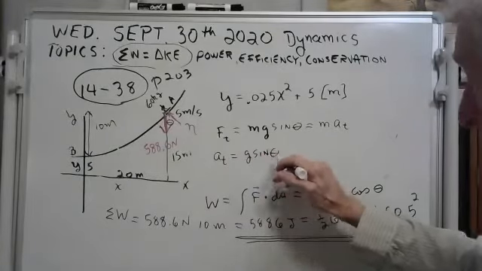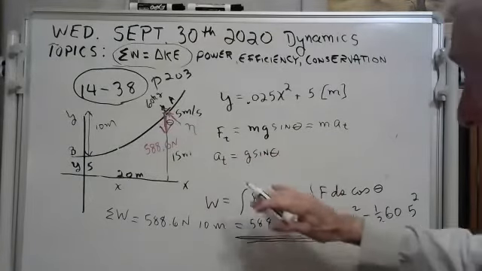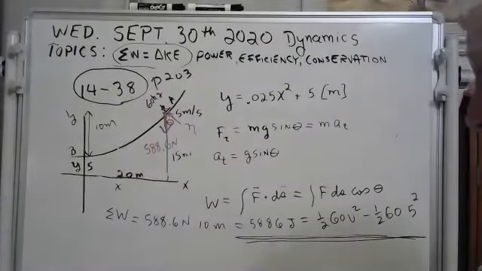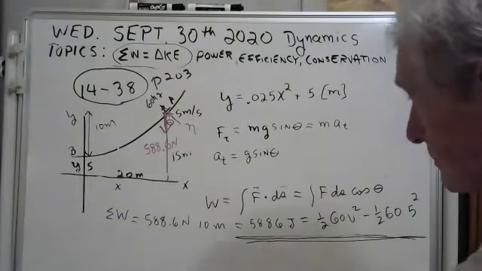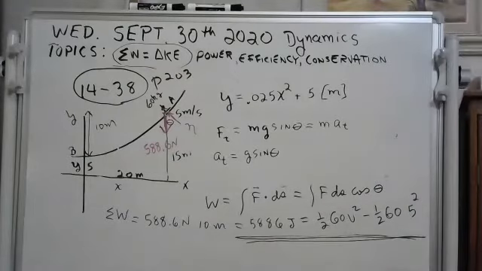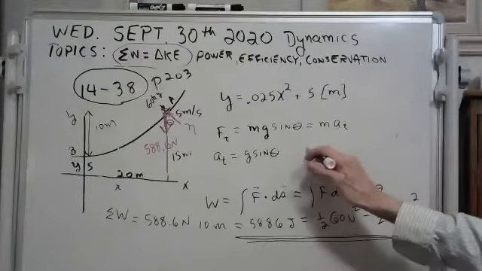Guys, we've already figured out the velocity the easy way, but I'm showing you how to do it the hard way. Now we have an equation that goes like this.